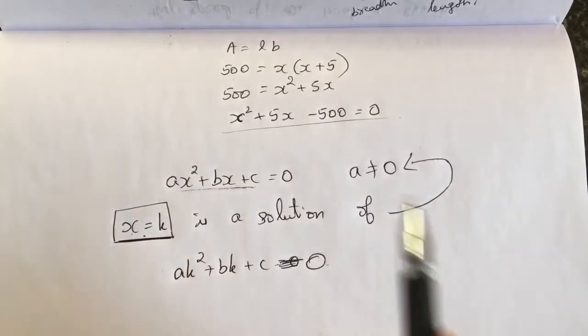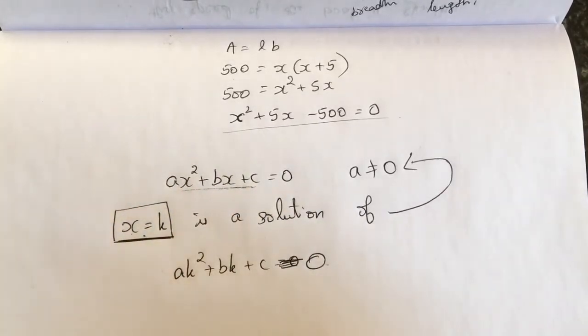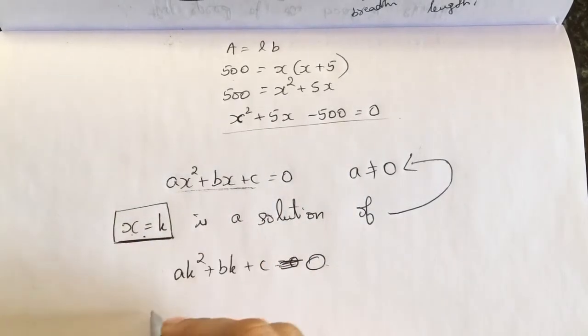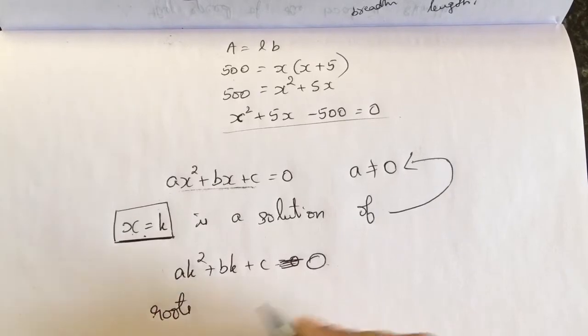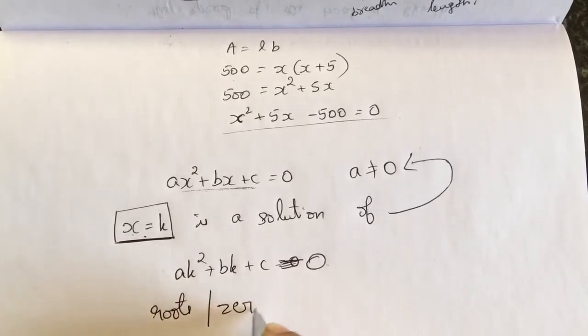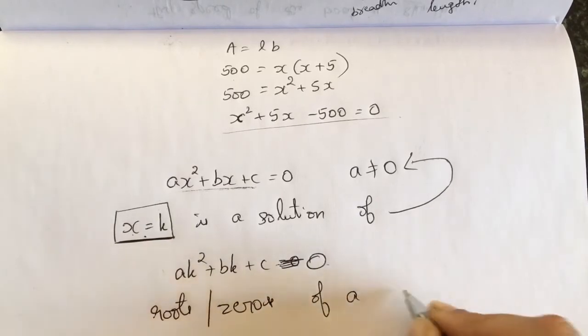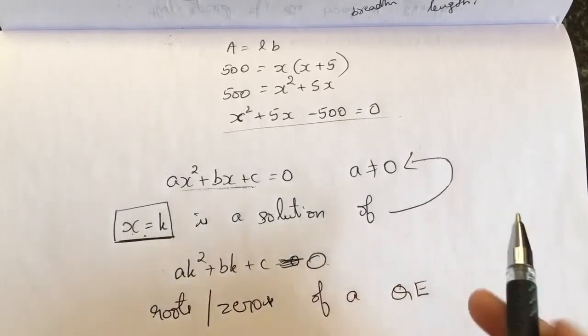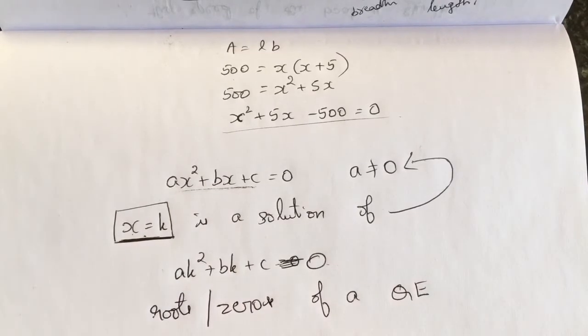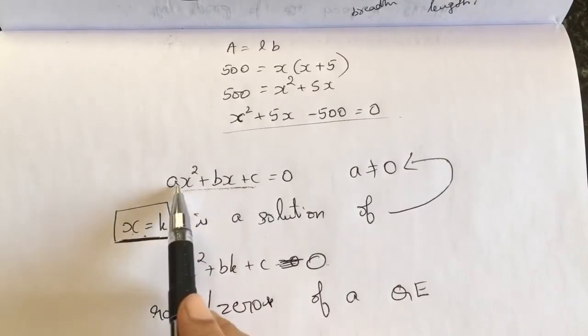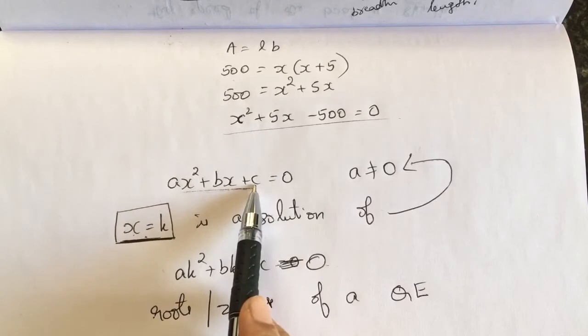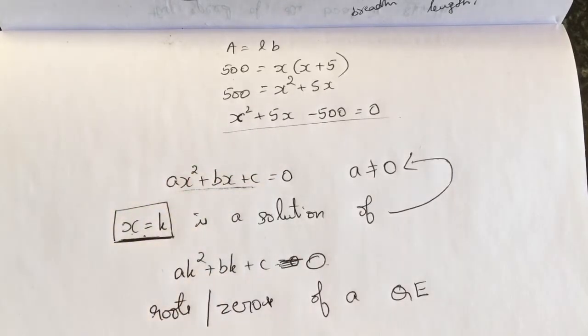It's nothing but the zeros of the quadratic equation. We call them roots, or you can say zeros, no problem. Zeros of a quadratic equation, in the sense they are the solutions. On putting that value over here, you are getting the equation equal to 0.